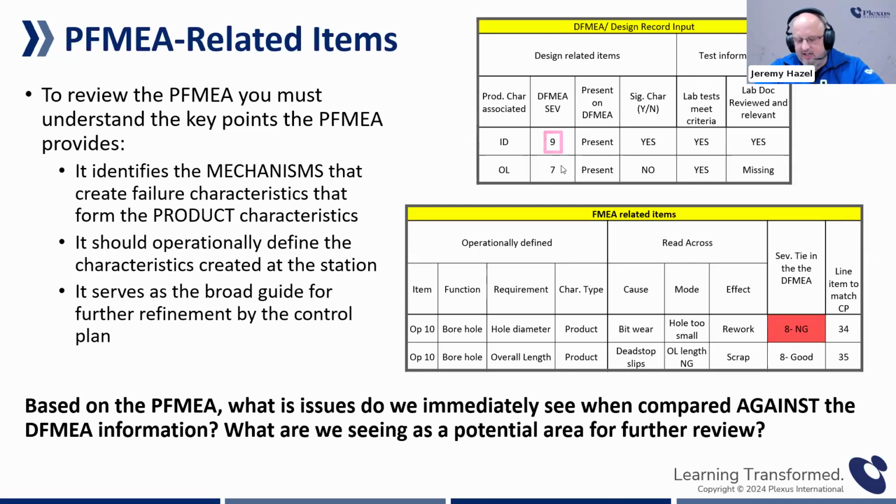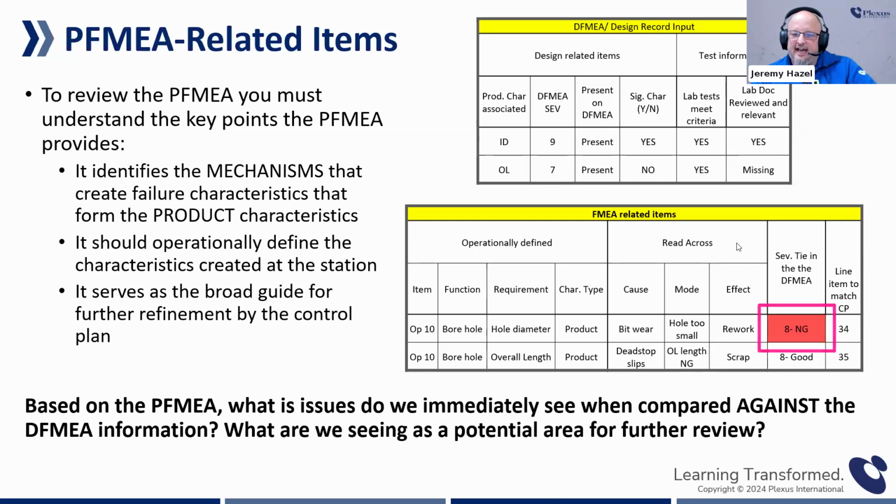I'm not going to go into the details of what has to do what because as PPAP reviewers, you've got that core knowledge already. But remember that severity in the PFMEA can never, ever be less than the design. It can be greater, but it can never be less. So right here, this would be a huge red flag.